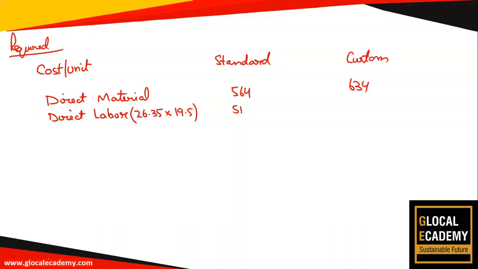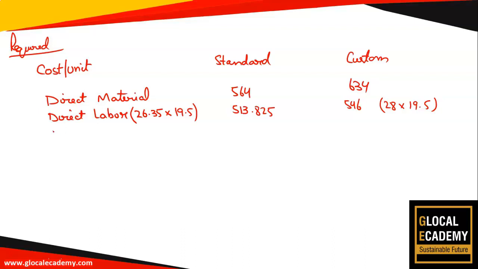That equals 513.825. For custom, 28 hours times 19.5 per hour equals 546. This is straightforward because it doesn't belong to activity-based costing. We just added the per unit cost of material and per unit cost of labor.